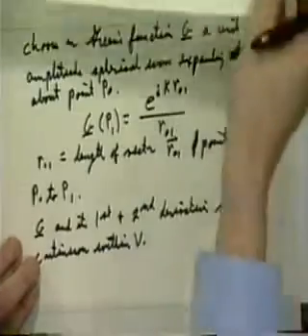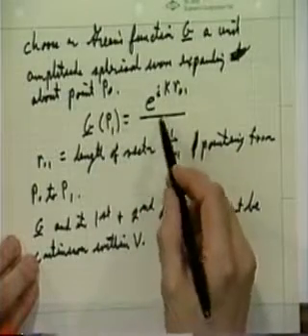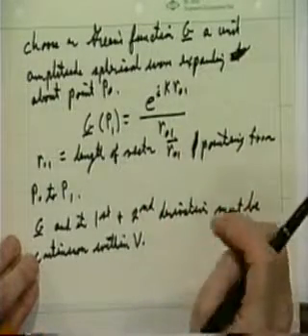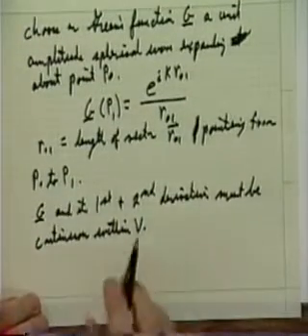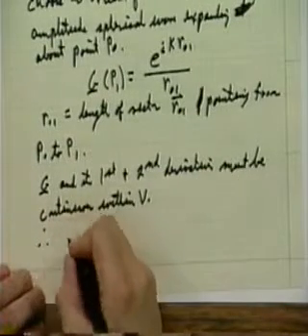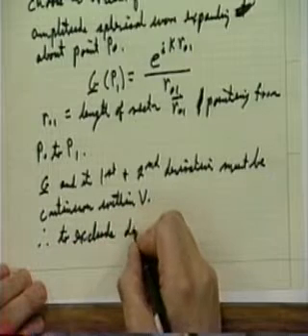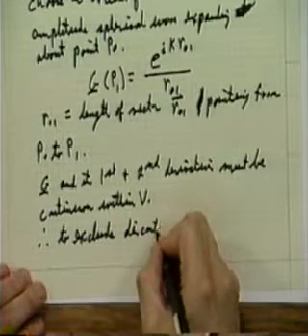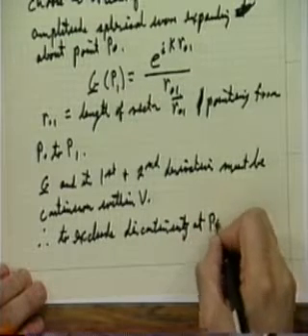We're going to have an awful big problem when P1 becomes P0, because we're going to get a zero down here. So some way we have to exclude this discontinuity at P0.